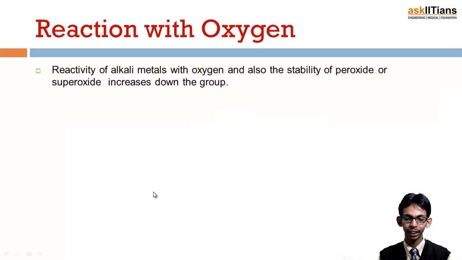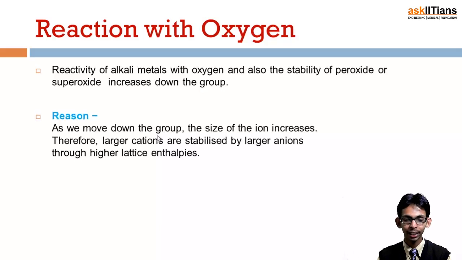So what we see here is that the reactivity of alkali metals with oxygen and also the stability of peroxide and superoxide increases down the group. As we move down the group, the tendency to form peroxides and superoxides increases. Lithium only forms normal oxide, sodium forms peroxide, the rest form superoxide.